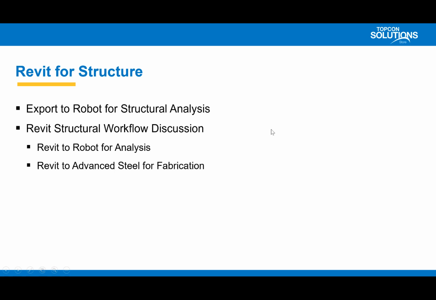And then we're going to talk about the export to Robot for structural analysis, or really the structural workflow from Revit into, let's say, Robot for an analysis, then back into Revit to make your adjustments, and then if you needed to, into Advance Steel for either advanced detailing or any fabrication assemblies that you need, okay?